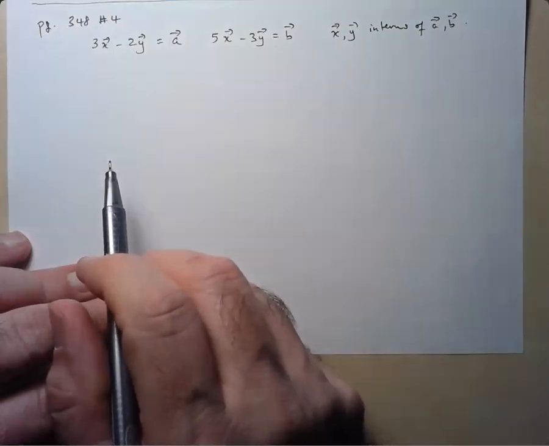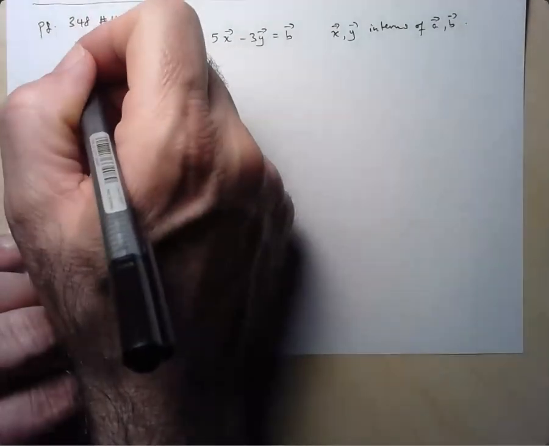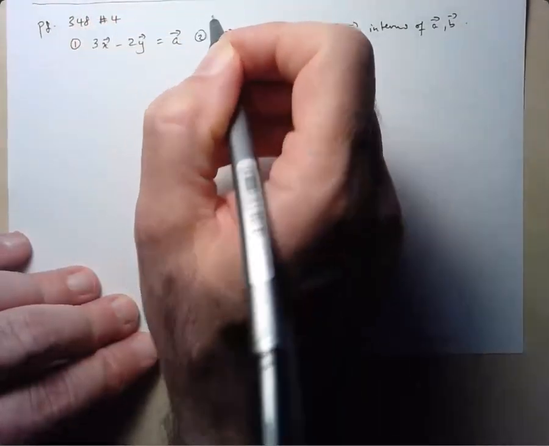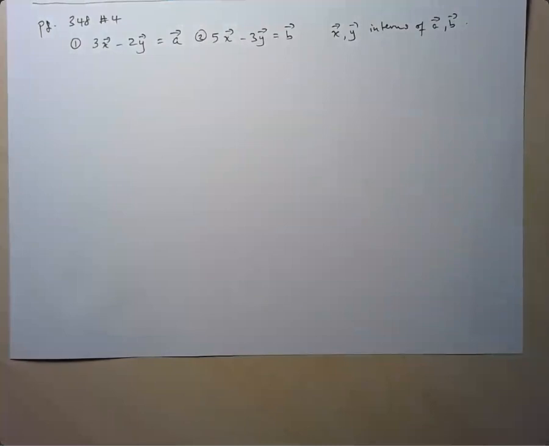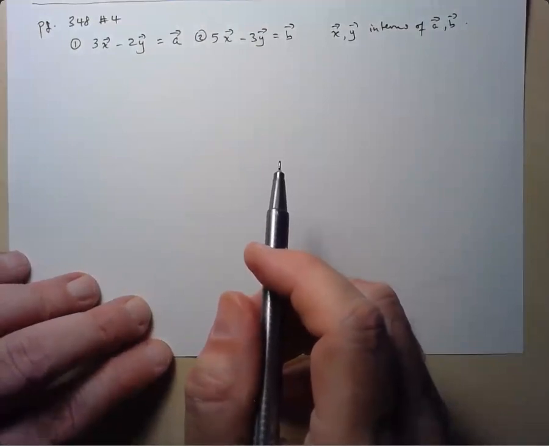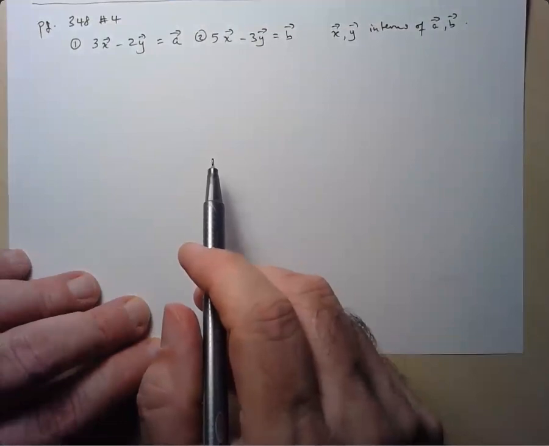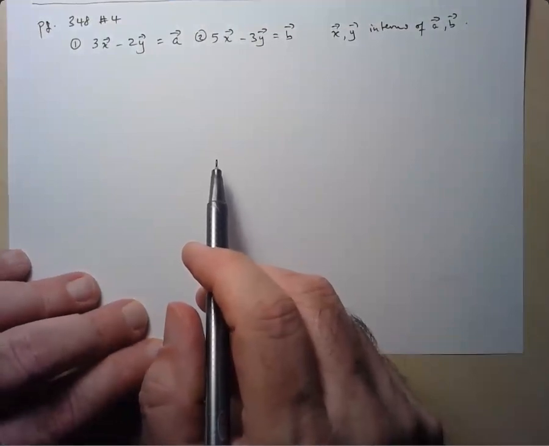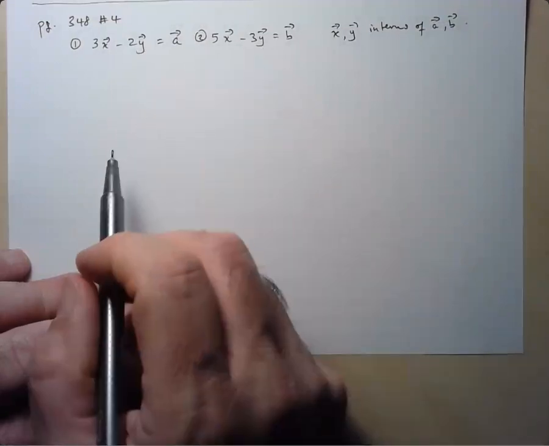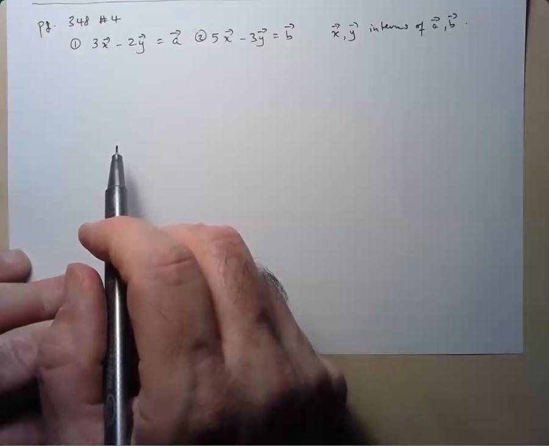What I'm going to do here is treat them essentially as a system of equations, because vectors satisfy distributivity and commutativity, which means we can treat them like systems of equations. I'm definitely not going to use substitution, because I don't want to deal with a whole bunch of fractions.